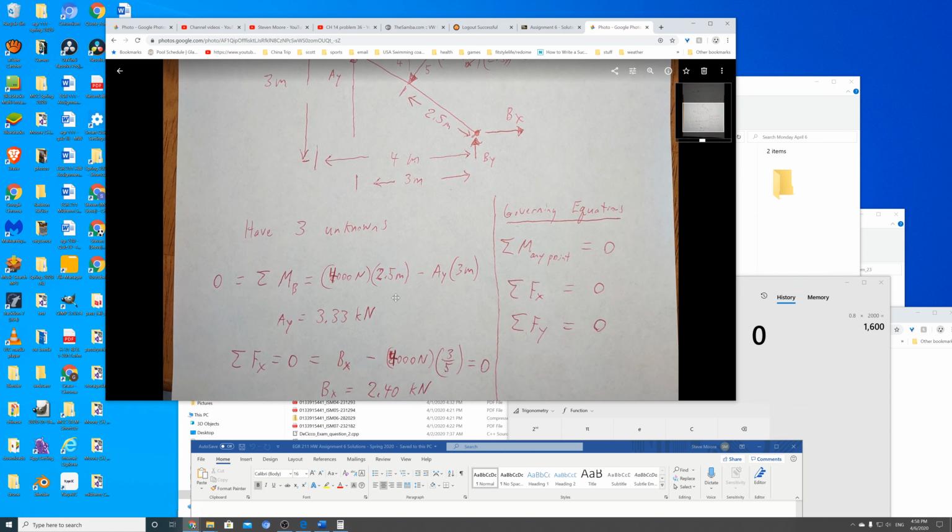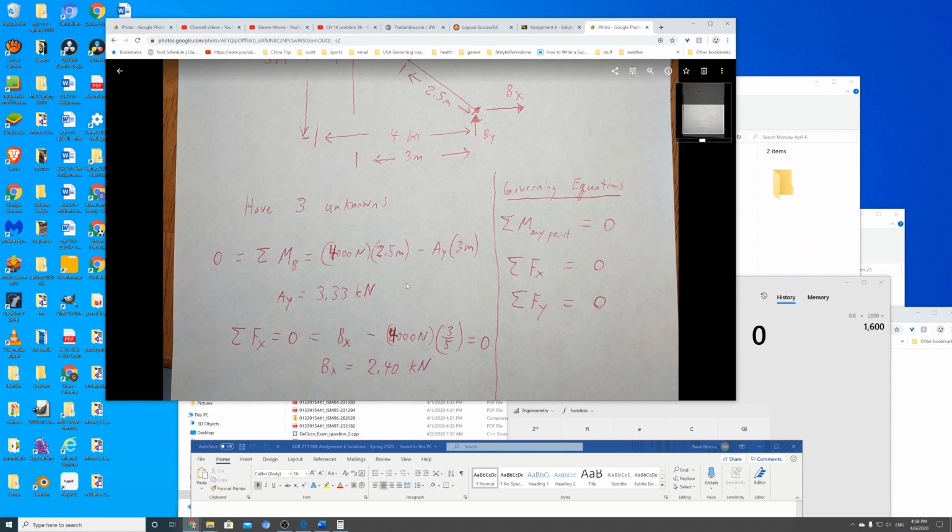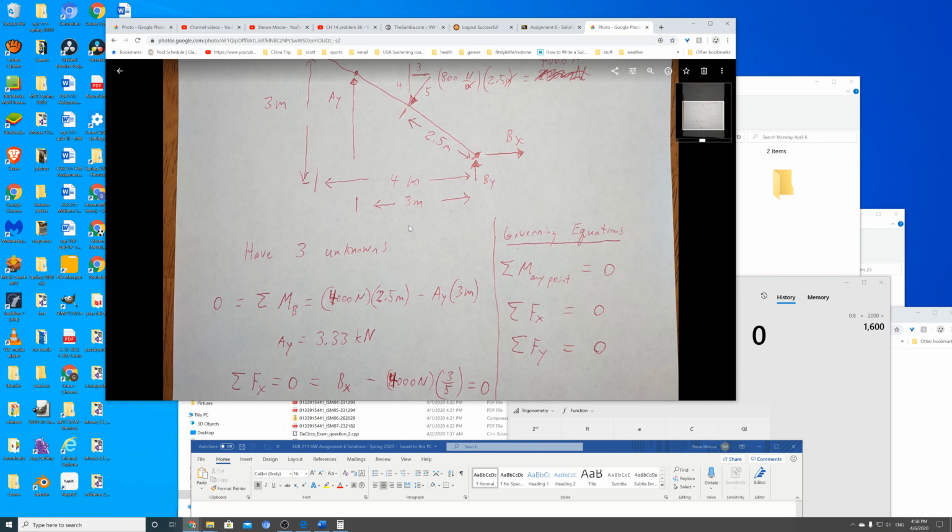The next thing we'll do is the summation of the forces in x. If you look at it, you see this reaction doesn't contribute anything in the x direction. It only contributes in the y direction, so it will not show up in the summation of the forces in the x direction. But there is a component here.